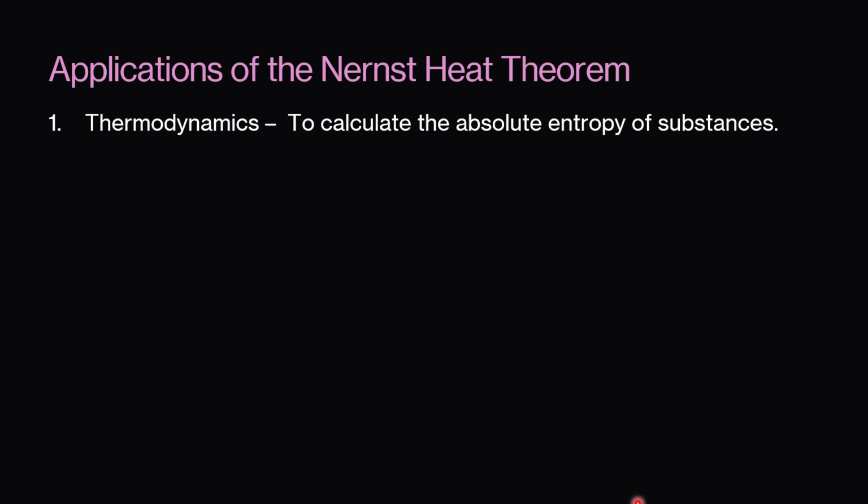Now we move on to its applications in thermodynamics, as we have said, to calculate the absolute entropy of substances. So absolute entropy can be calculated with the use of this Nernst theorem. In cryogenics, that means low temperature science, it is used to study the superconductors.